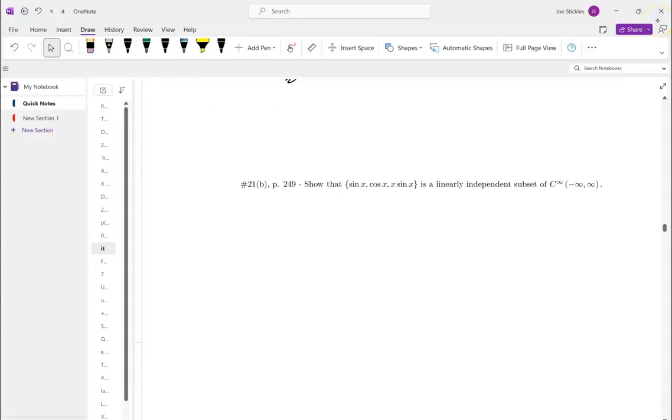All right. So let me give you another handout that goes along with what we've talked about. We talked about spanning sets, and we've talked about linearly independent sets. So now we're going to talk about putting those two ideas together.